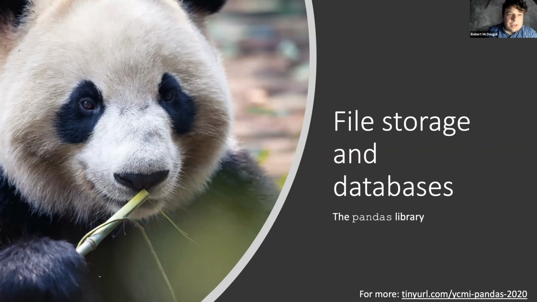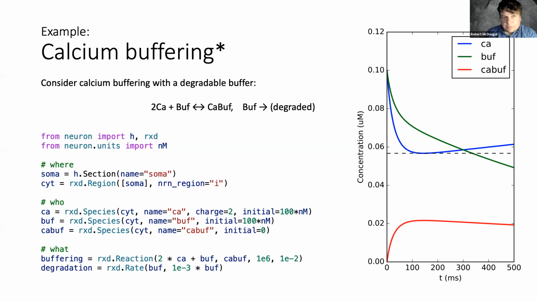Okay, so any other questions about the chemical stuff and concentrations? I have a quick question about the reaction diffusion module in general, and maybe this is covered in the video that you linked. If I want to use it in a parallel simulation where I've got cells distributed across different nodes, can I use the RxD to simulate an extracellular concentration that can be seen by all of those different cells?